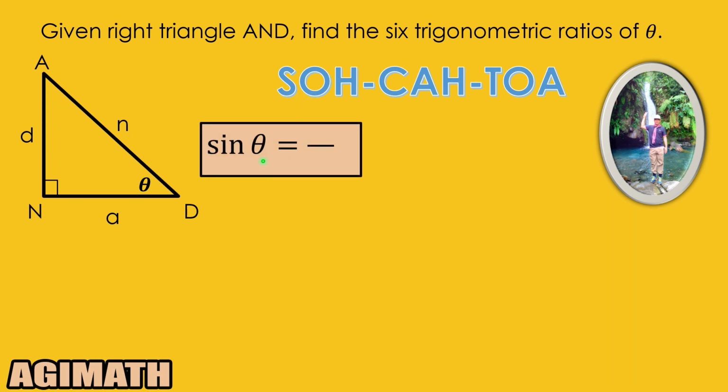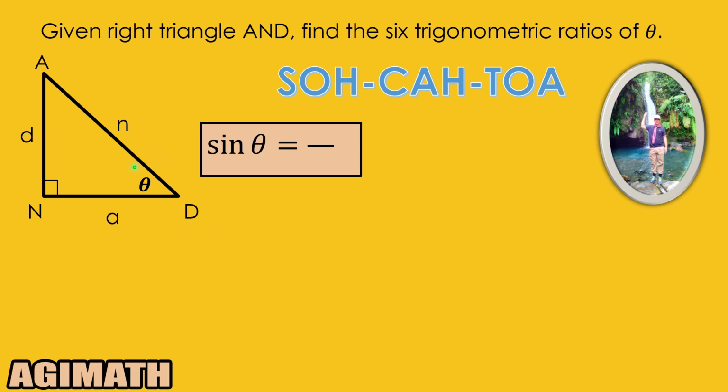Now for sine, again, I already explained this one earlier. That is sine given to be opposite over hypotenuse. So it's very important that we know what is our reference angle. So this time our reference angle is theta, and it is located on this angle theta, or that is angle D. Now to find the 6 trigonometric ratios, we start with sine. Sine is defined as opposite over hypotenuse. So this is how you are going to do it.